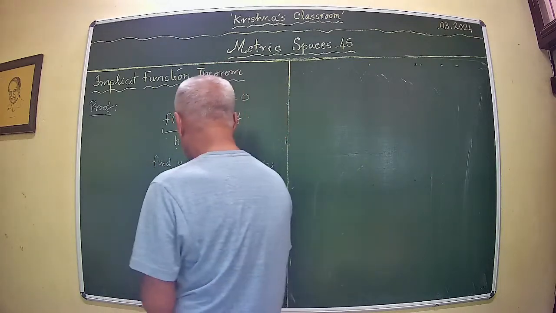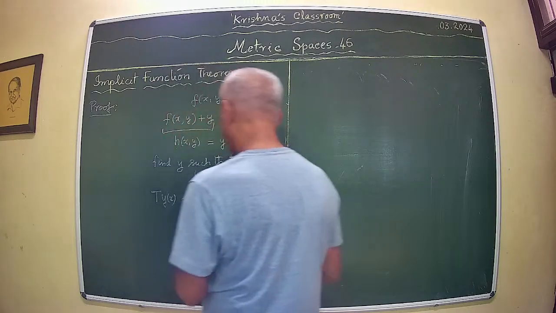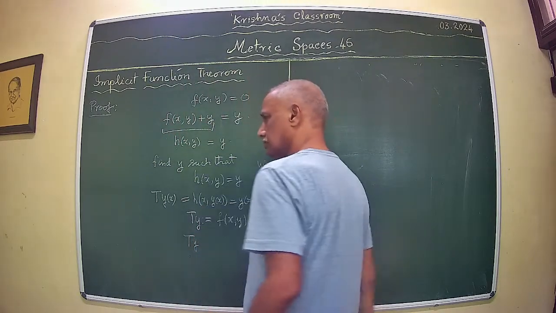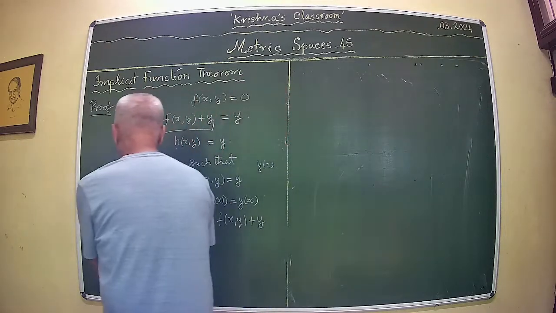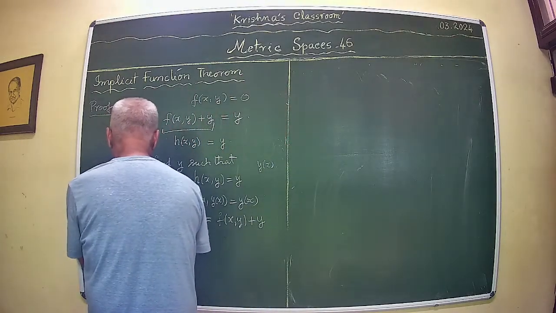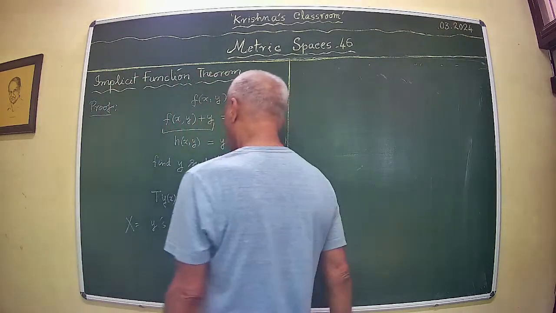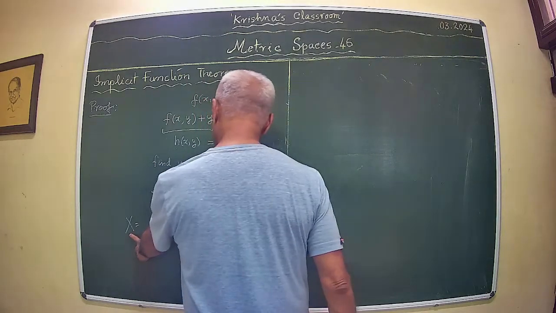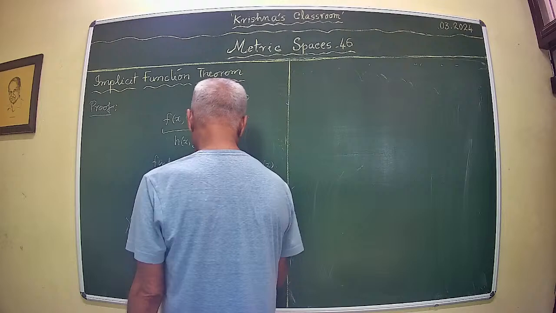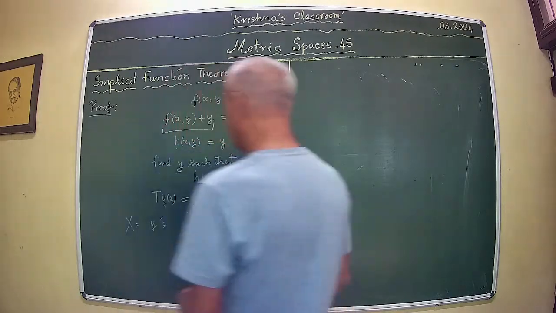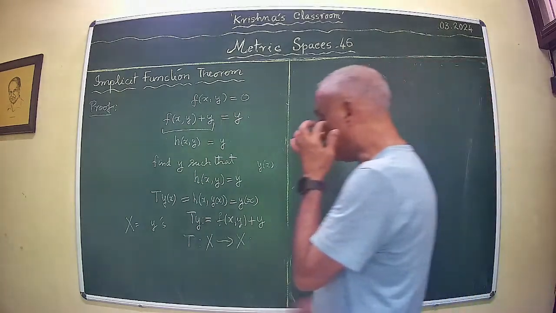Now you are looking for the situation. So T maps y to some function. For any y, there is a function. So you have a class of functions now. So you have a space consisting of all these y's. On this space, T is defined. Now T is formulated in such a way that T is defined from X to X.